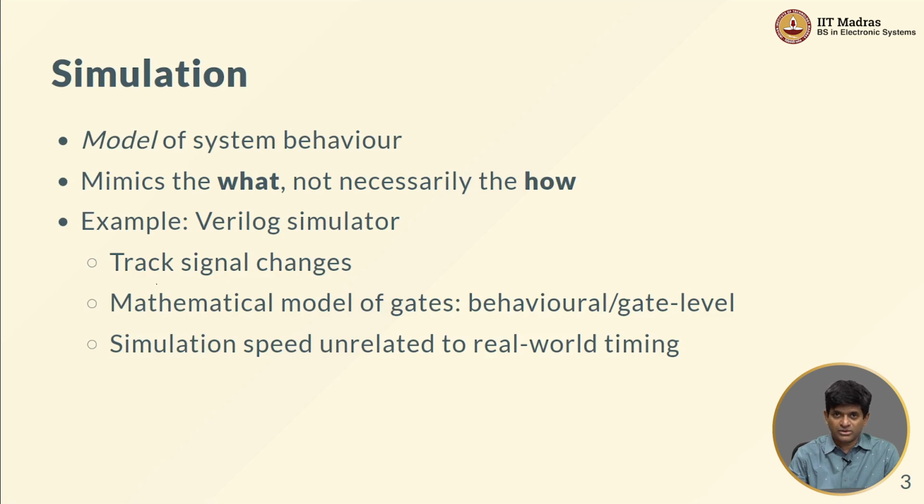So far we have already looked at the concept of simulation, primarily in the context of Verilog simulation. For example, we don't usually say that we are simulating a C program, we say we are executing a C program, whereas we don't say we are executing a Verilog model, we say we are simulating it. The reason is that in the case of the Verilog model, we have a model of the system behavior and we are trying to mimic that behavior, the what, the functionality, not necessarily the how.